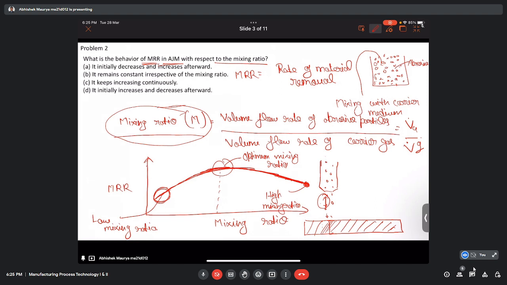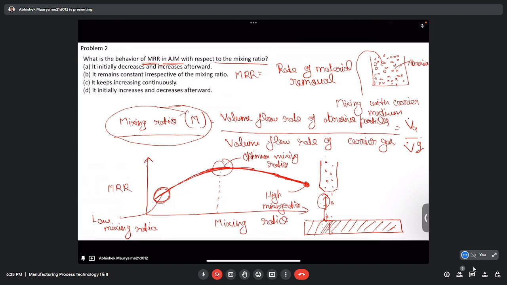Let's say the first abrasive comes and removes some material. Then after the first abrasive, the second abrasive will come after some time, and again it will hit, and some material will get removed. So in the case of low mixing ratio, the abrasive particles come, hit and go away, but their rate will be very slow.